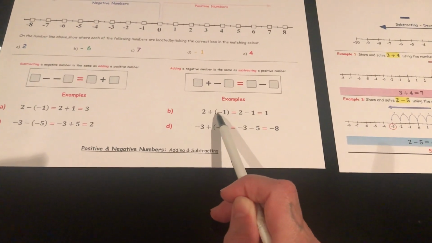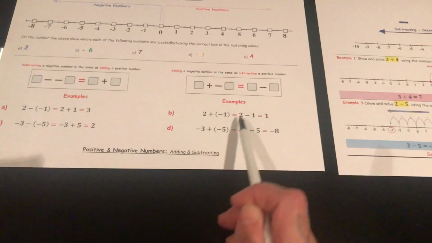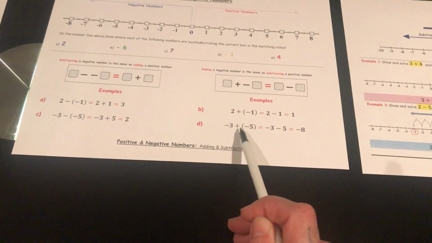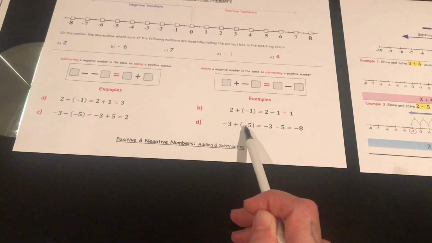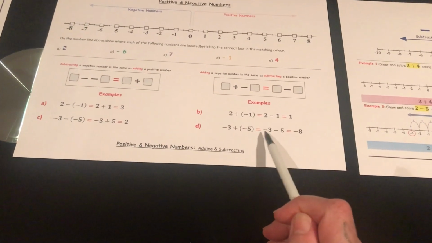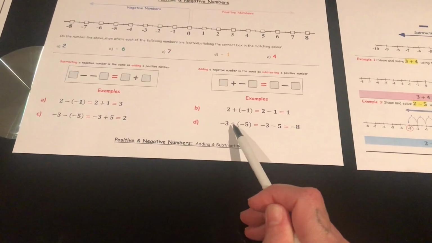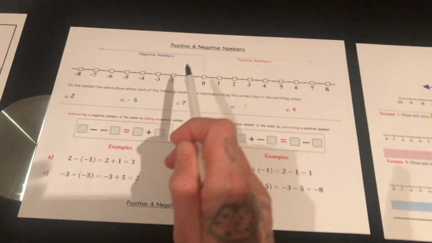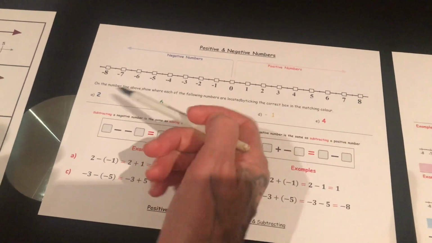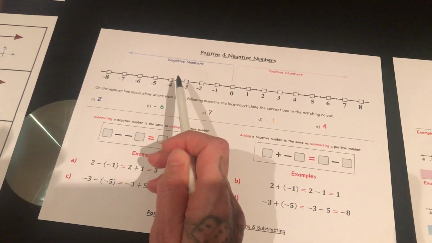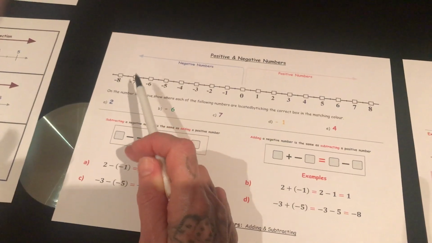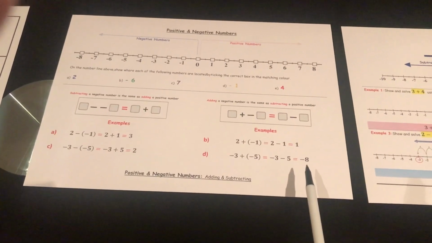So these two become a take, which is 1. And -3 plus -5 is the same as -3 take 5. So -3 take goes down this way. So -3 take 5 is 1, 2, 3, 4, 5, which is -8.